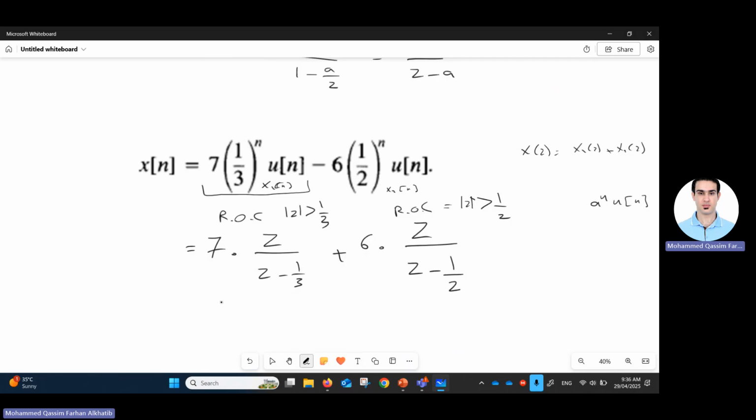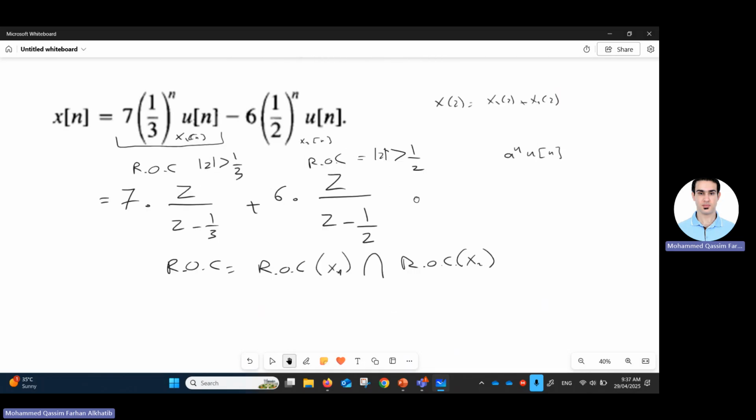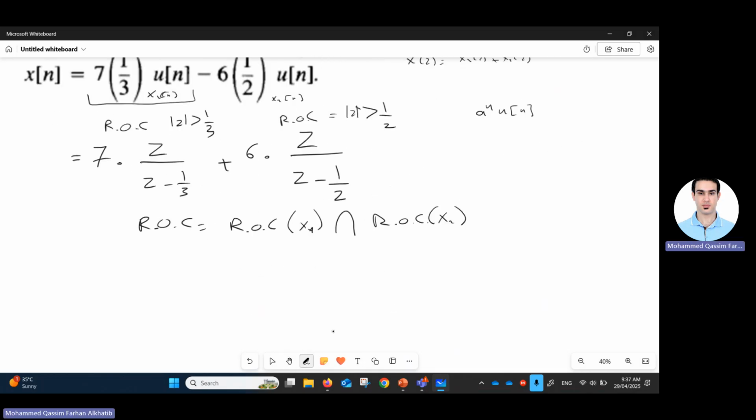Now, like the Laplace, the region of convergence will be the region of convergence of x1 intersected with the region of convergence of x2. So if you want to do it at the number line, my first expression is at 1 over 3.